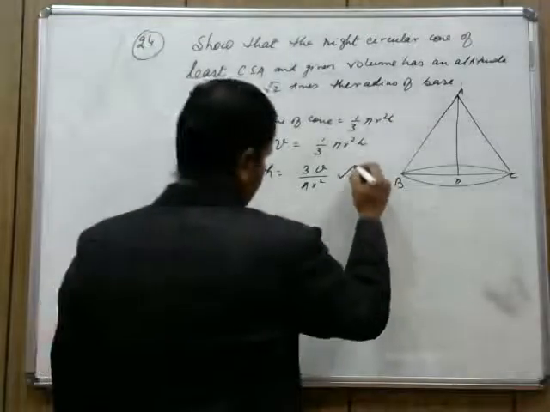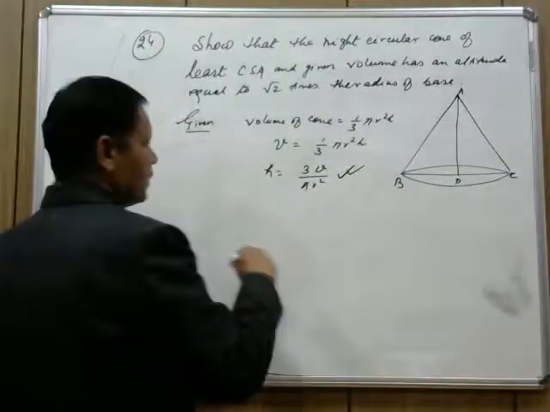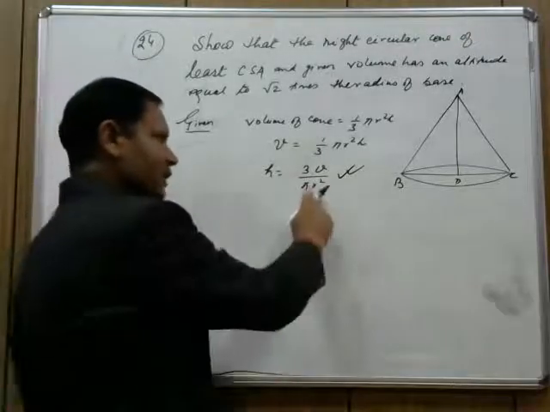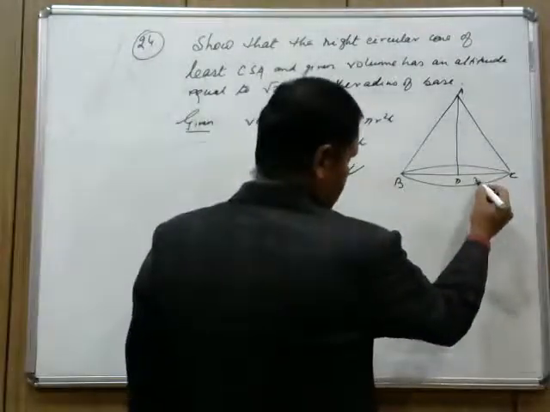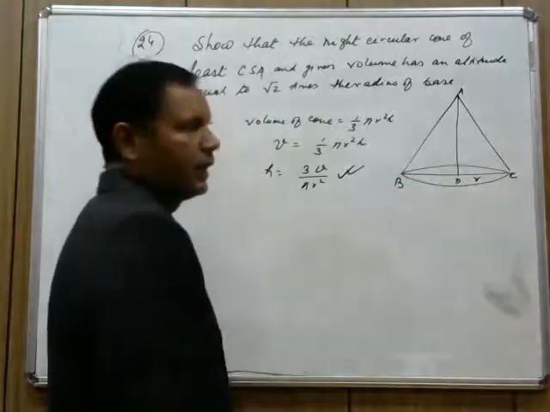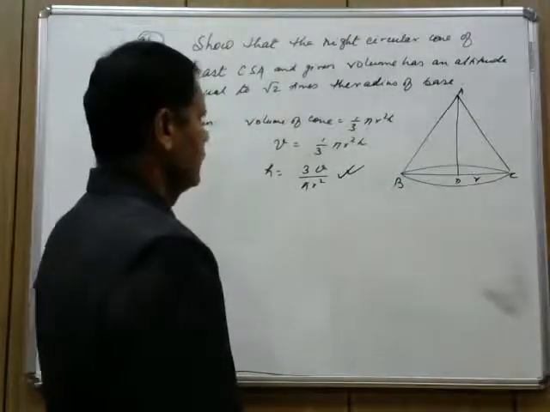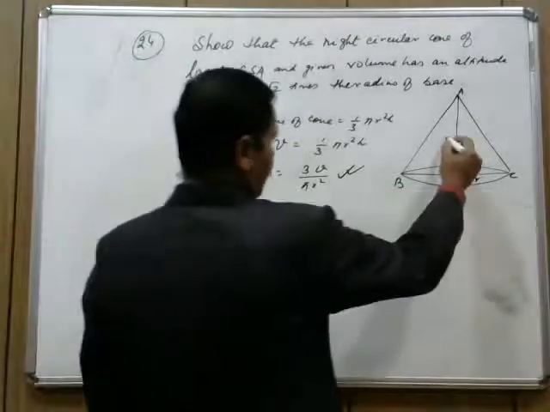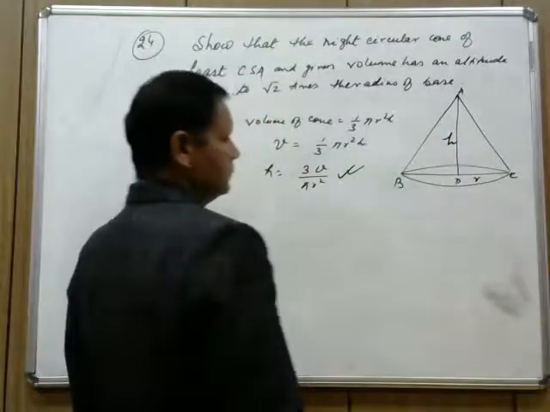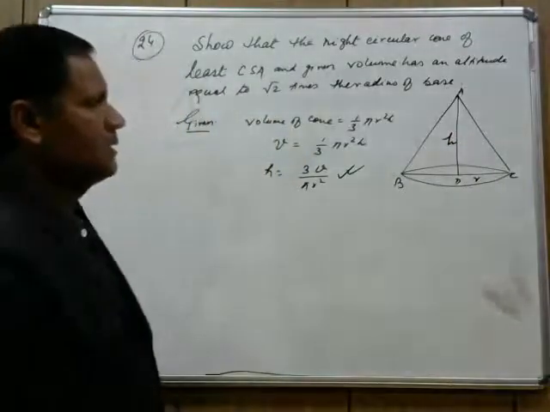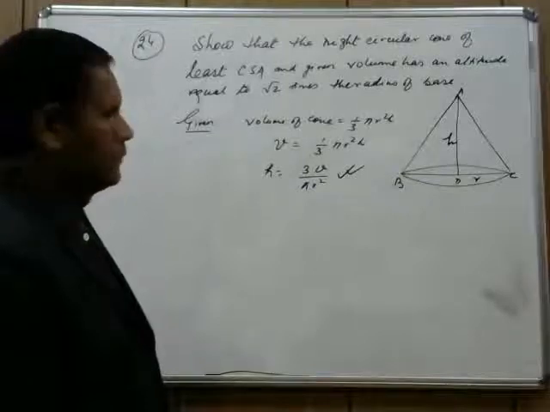Okay, that means I have taken h in terms of the given term V and the supposed quantity r, where r and h are respectively the base radius and height of the cone.